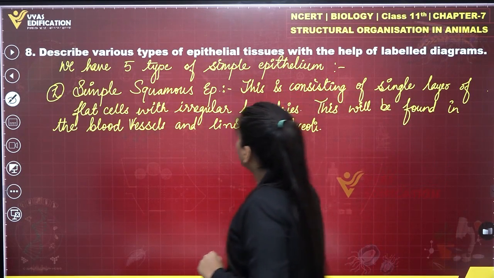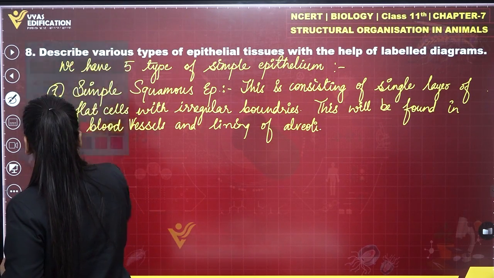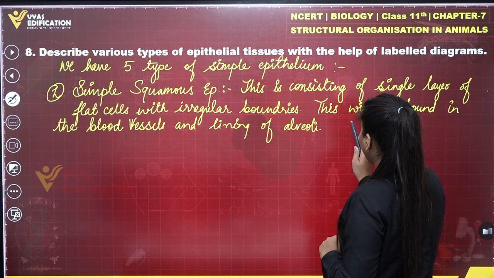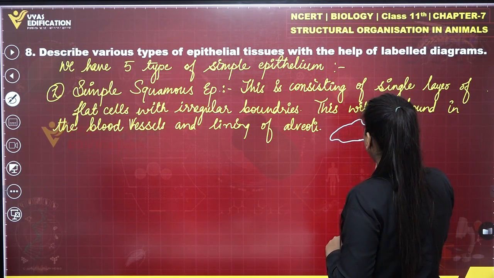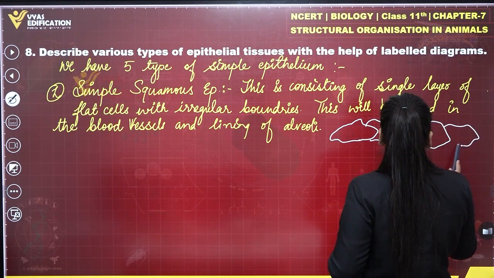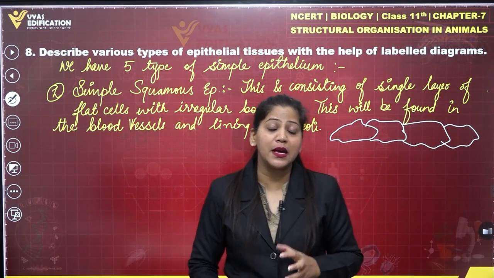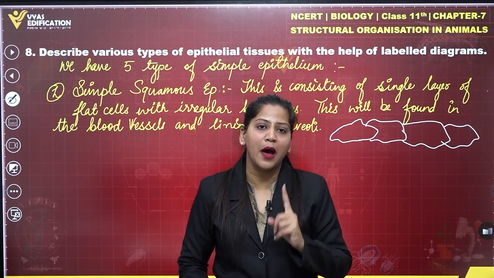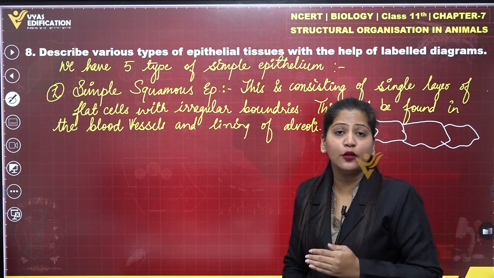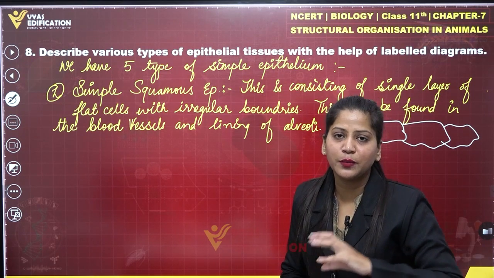Now let's make a diagram of this simple squamous epithelium. So here we have single layer of flat cells with irregular boundaries. These are the flat cells. Also, the most important feature about simple epithelium is the presence of basement membrane, which is acellular in nature. And in the compound epithelium, you will not find the basement membrane.